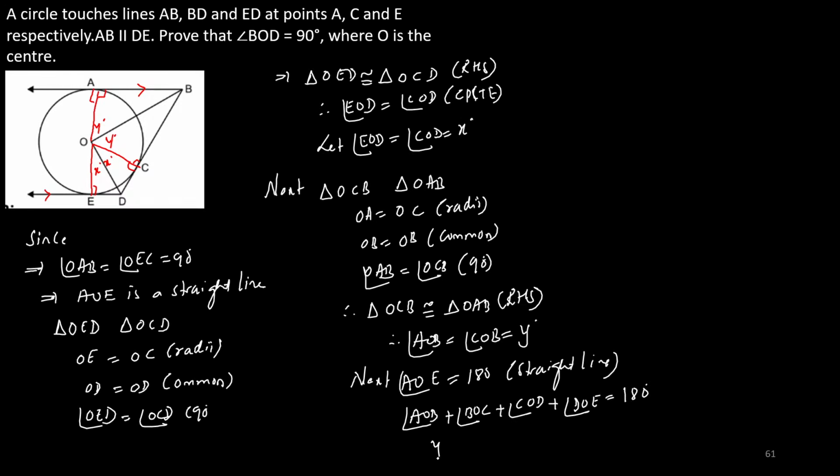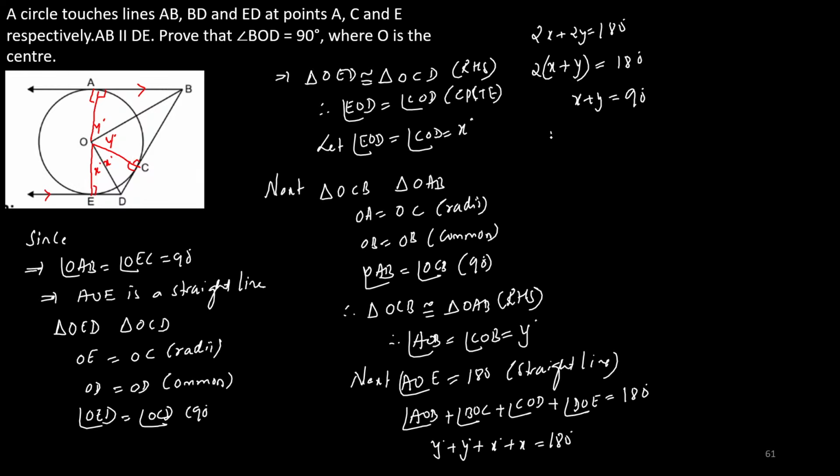So I can write this as y plus y plus x plus x equal to 180 degrees. That implies 2x plus 2y is equal to 180 degrees. If I take out 2, it is 2 times (x plus y) equal to 180 degrees. Then I get x plus y is equal to 90 degrees.